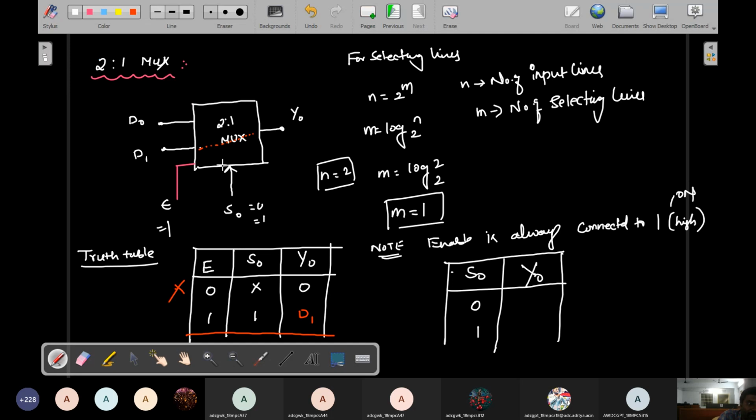If you give 0 to this terminal, the output voltage selects the first terminal of the input of this multiplexer, that is D naught. If you give 1 to this selecting line, then the output voltage selects D1. So this is your truth table. Next I'll tell you the Boolean expression of this truth table.